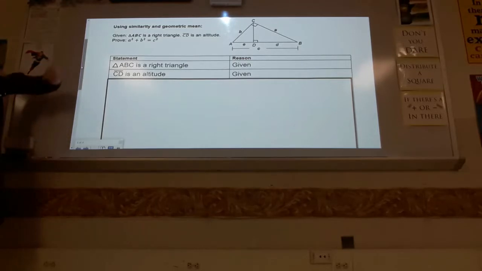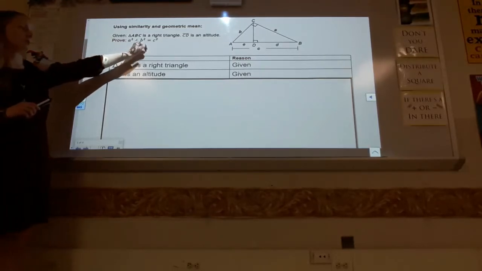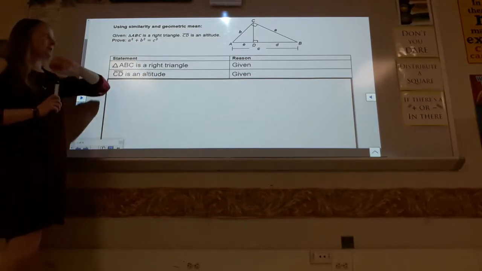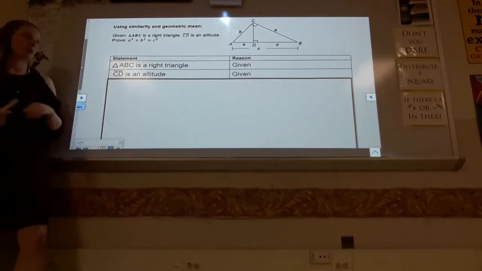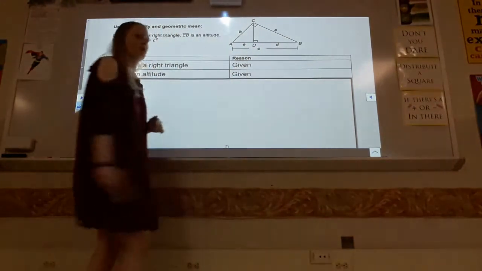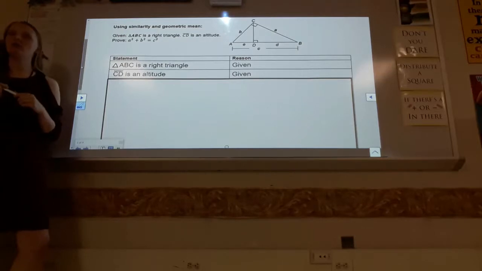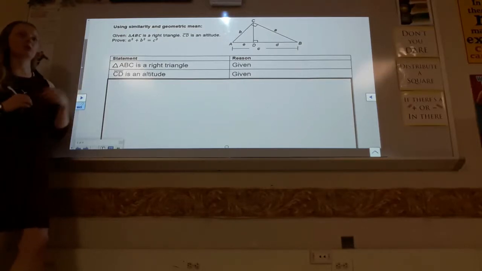Alright, so we're going to be using similarity and the geometric mean to prove that a squared plus b squared equals c squared. Alright? So think back to what we were doing last unit. If I know that this full triangle is a right triangle and this is an altitude, does that look familiar for things that we've learned how to solve? What kind of rules did we learn for that scenario?